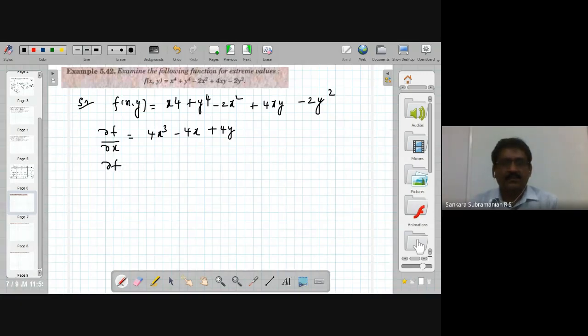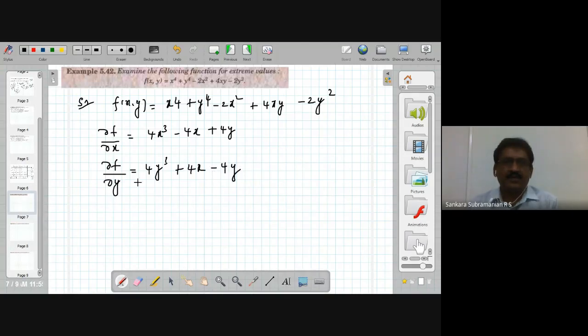And dou f by dou y is equal to 4y cube. The y term is absent, so 0. So here it is 4x, and here you will be getting minus 4y.